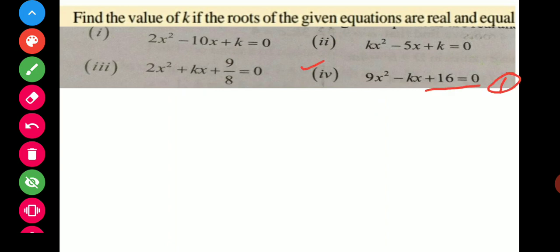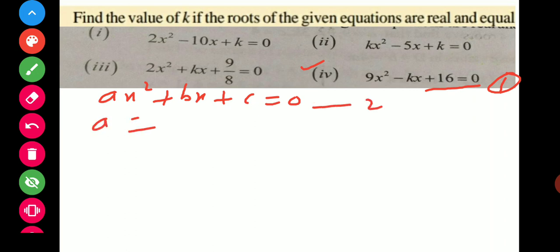Now compare to our own equation, that is ax square plus bx plus c equal to 0. This is your equation second. Now compare first and second. A is equal to 9 and b is equal to minus k, and c is equal to 16.